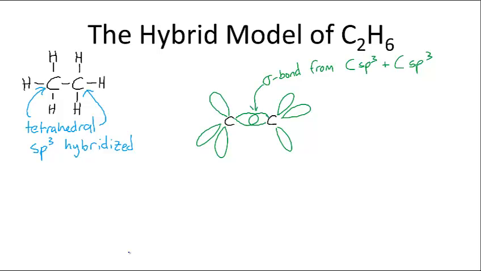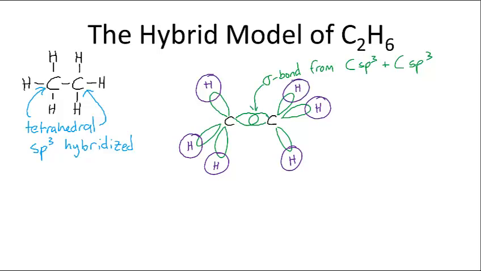The 1s orbital. So I'd have my hydrogen atoms, and they're going to have 1s orbitals overlapping with these hybrid orbitals. So now each of those is a sigma bond from a carbon sp3 orbital plus a hydrogen s orbital.